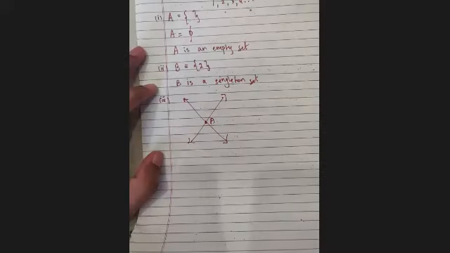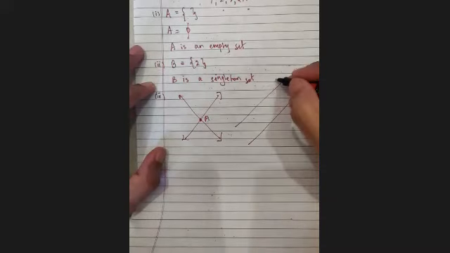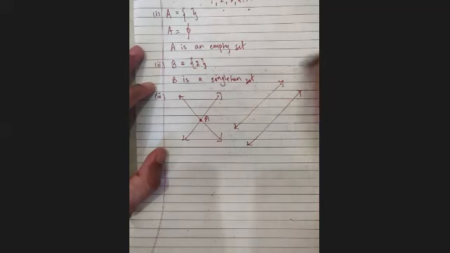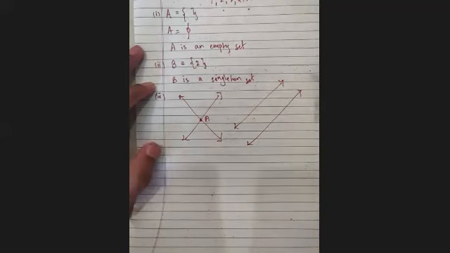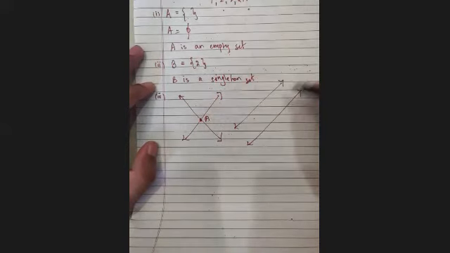But here we want to find the point of intersection of two parallel lines. Parallel lines never intersect, so it's an empty set. If I draw parallel lines, they look like this, and if I continue ahead, they will never meet. So just like we had point A here, here we will never get a point A.